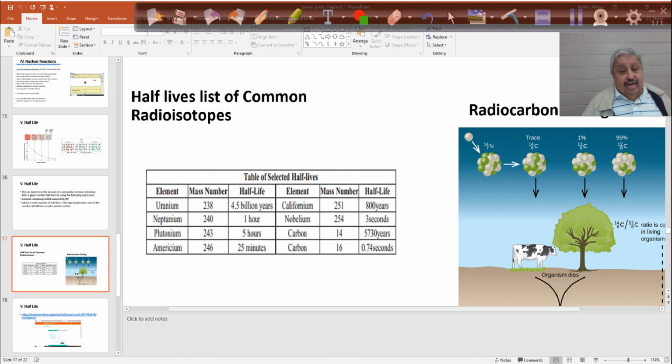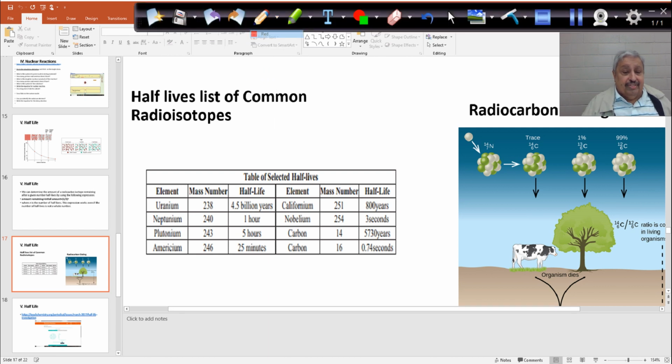So now you can get electricity cheaper from the wind, okay, from the waves, from waterfalls. That's cheaper and cleaner. But with this type of situation, some of them is very, very short, within 1 hour is gone. Some of them, they get you billions of years, hundreds of years. Some of them even in minutes, 25 minutes.